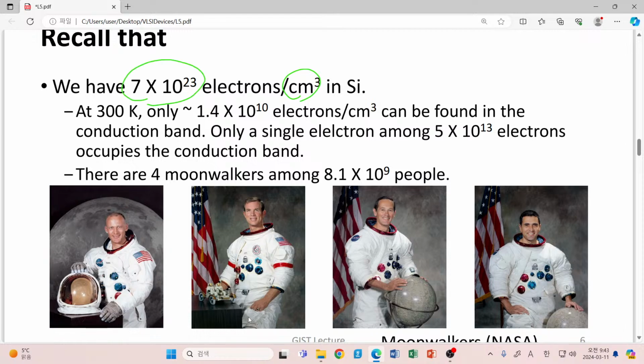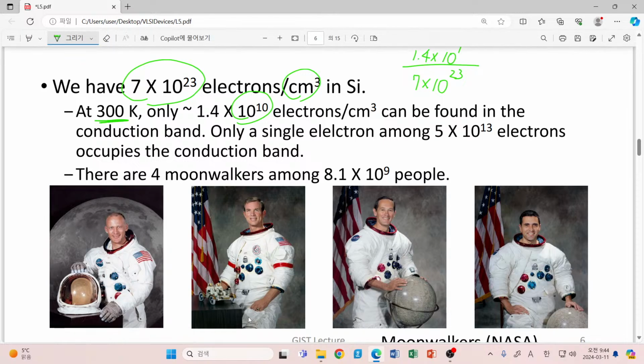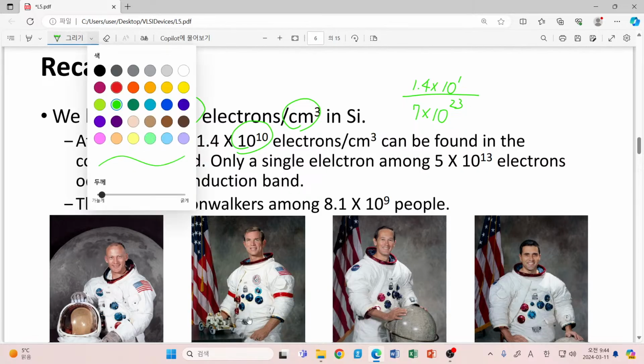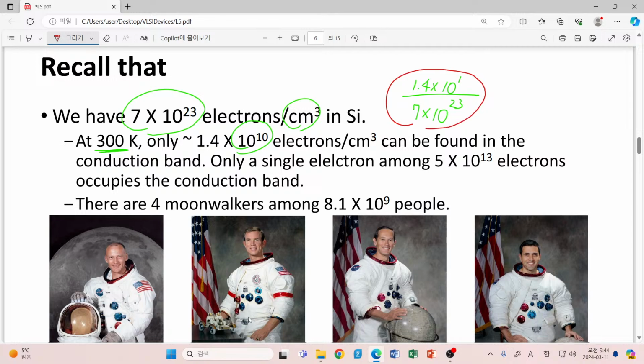And at 300 Kelvin, we have just learned that the intrinsic carrier density is about 10 to the 10. So you can easily understand, the probability to find an electron inside the conduction band is given as this small number.